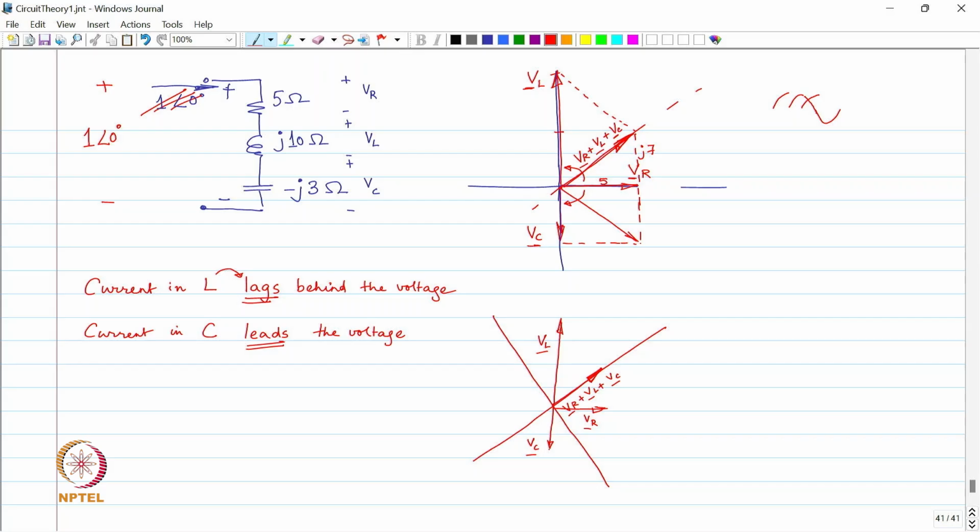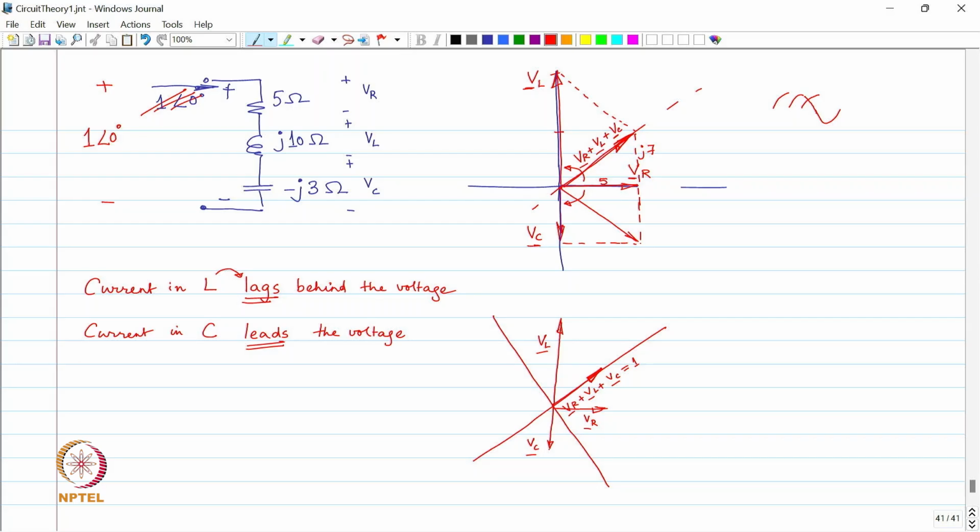And what is VR plus VL plus VC is now going to be called 1 volt, right. This is what has been applied, 1 angle 0. So, this is equal to 1 volt, right. Earlier it was how much? Root over 5 squared plus 7 squared.